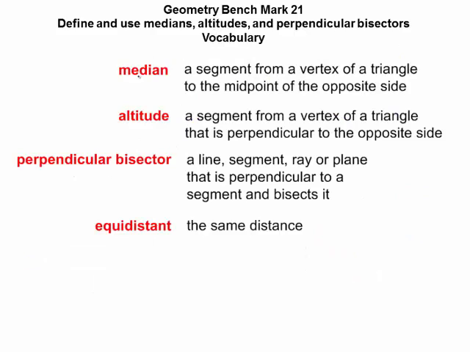So vocabulary. Okay, so a median is a segment from a vertex of a triangle to the midpoint of the opposite side. So if you have a triangle, this is your midpoint. Okay. Here's my midpoint.